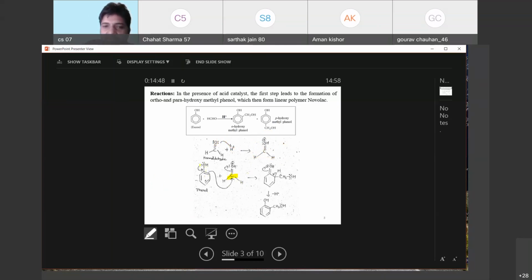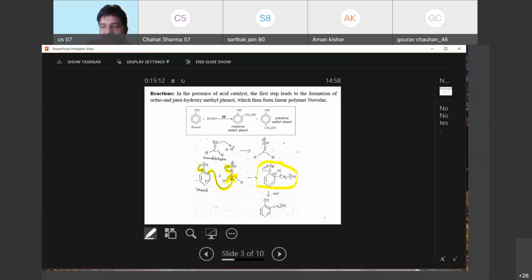The lone pair of oxygen goes here, and the pi electron of the benzene ring present at the ortho position attacks the carbonyl carbon. See the arrangement of electrons this way. So you will have this kind of structure.